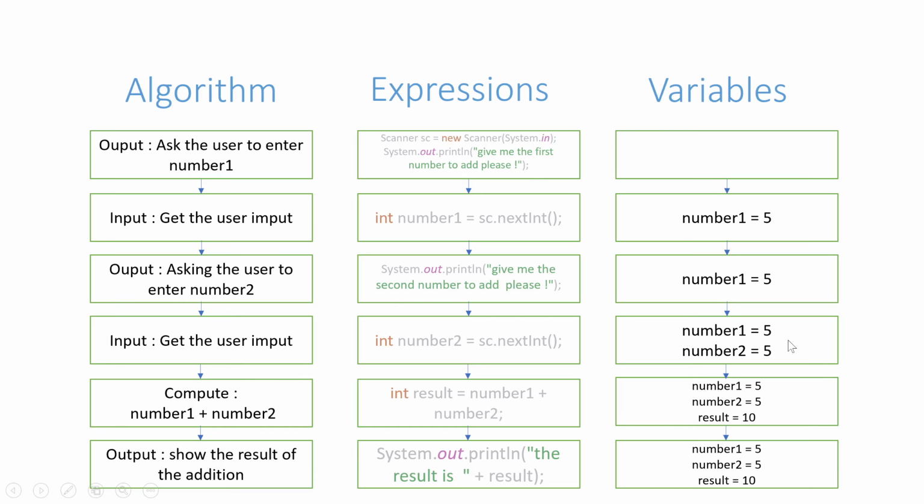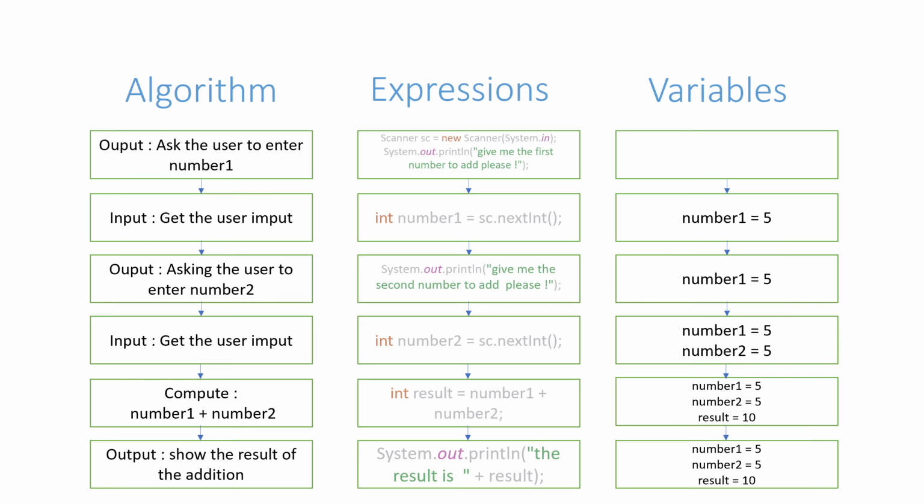On the fourth step, we are having a new variable of type int called number 2 with 5 inside it also. In the fifth step, we are having a third variable called result with 10 inside it. And nothing changed for the last step. All my 3 variables remain the same with the same values.